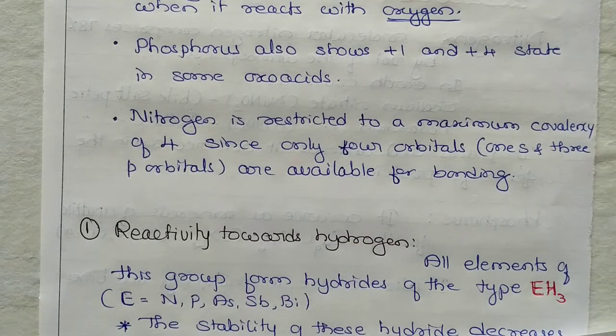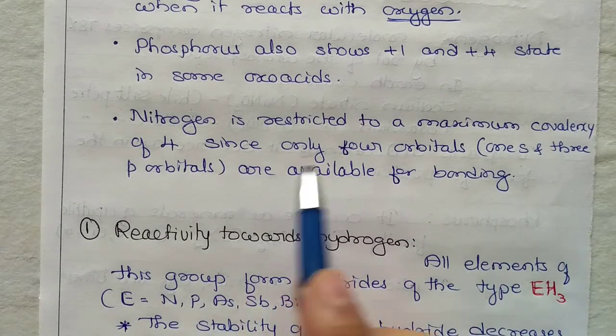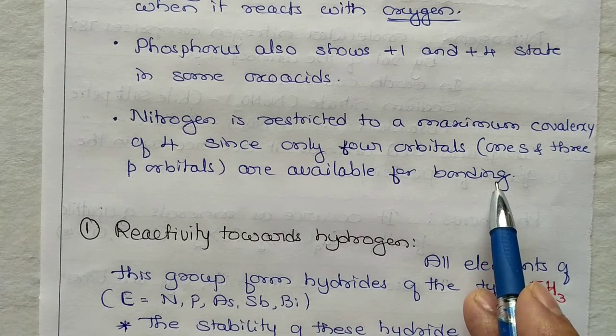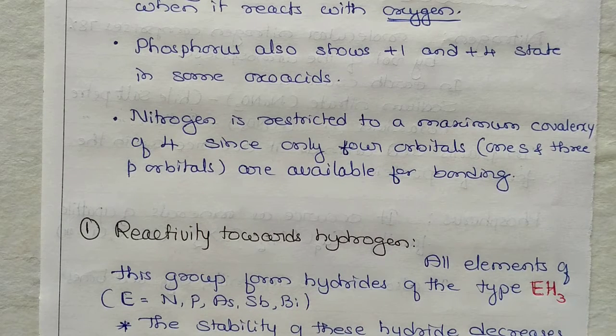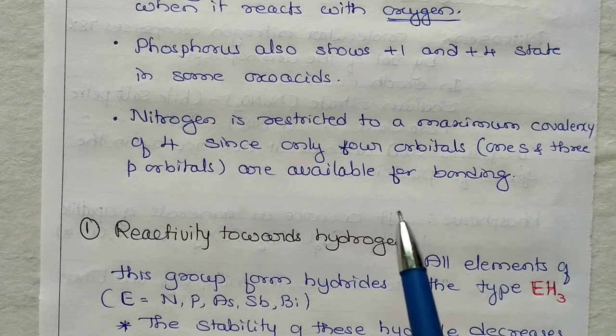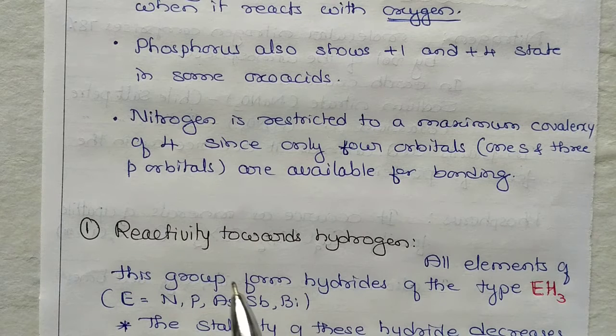So nitrogen is restricted to a maximum covalency of 4, since only 4 orbitals are available for bonding. But phosphorus, arsenic or antimony also involve d orbitals, so the covalency can exceed 4, that is 5, 6 and above. So that is how you can explain this, and based on these, the chemical properties also change.